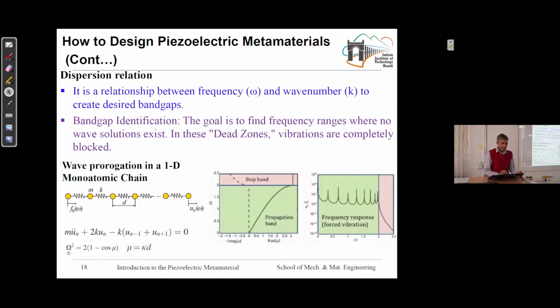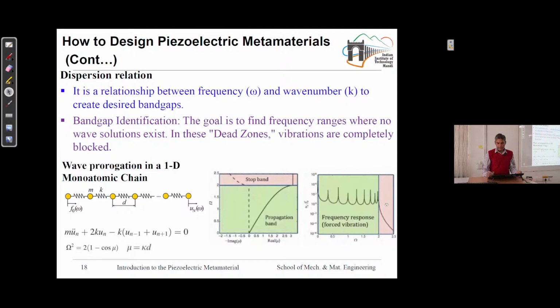Like this, omega is the ratio of omega and omega naught, right? And if you see in this case, we have only 10 masses or 10 springs. So this is the range where the wave is passing, or I would say the frequencies at which the system will vibrate, these 10 masses will vibrate, or these are the 10 modes, and higher frequencies are not having any effect on the system.